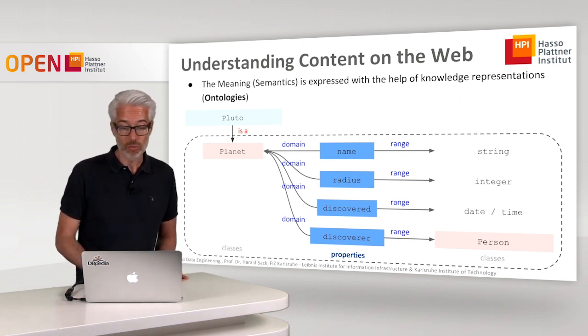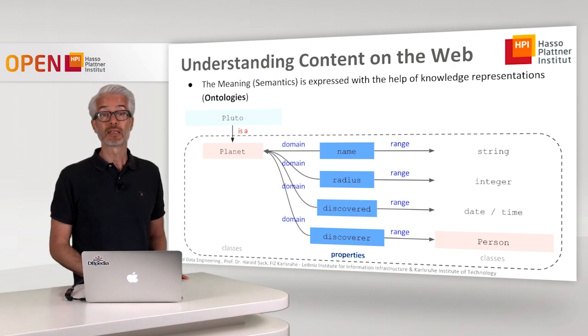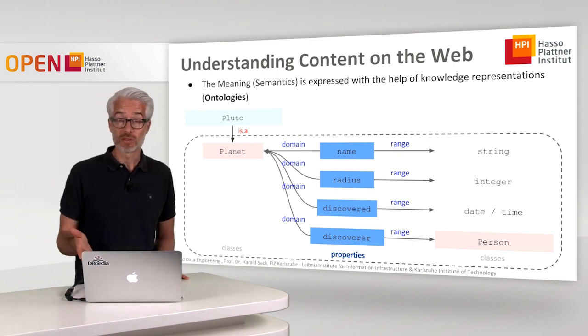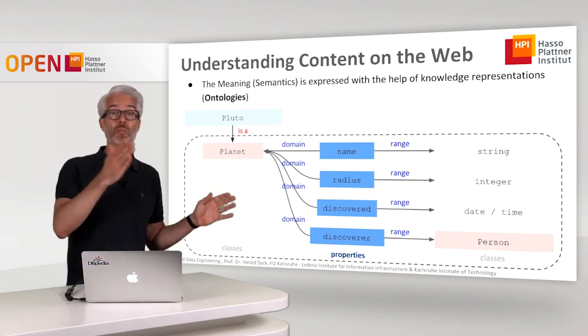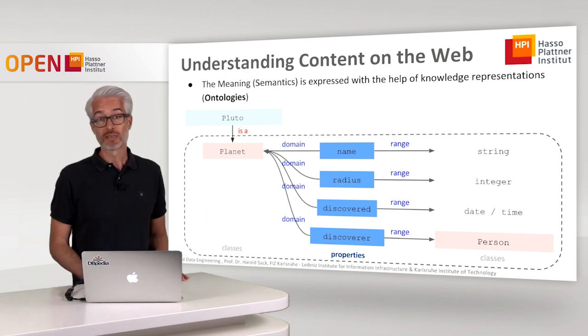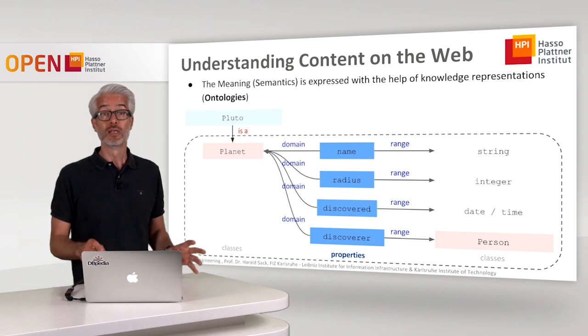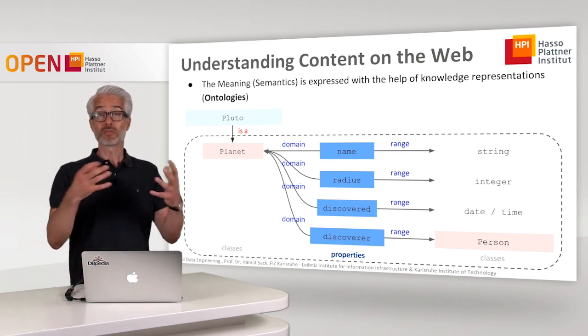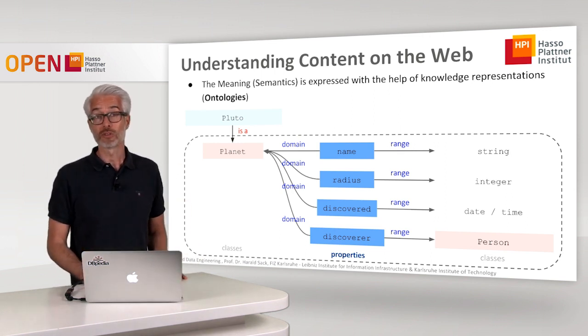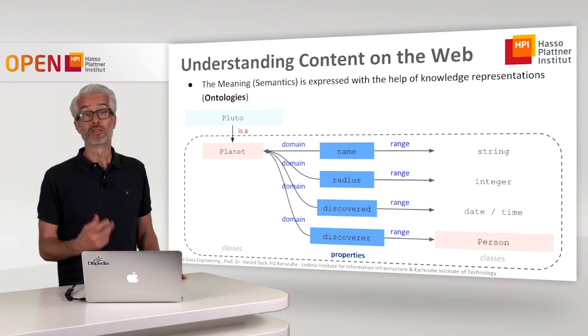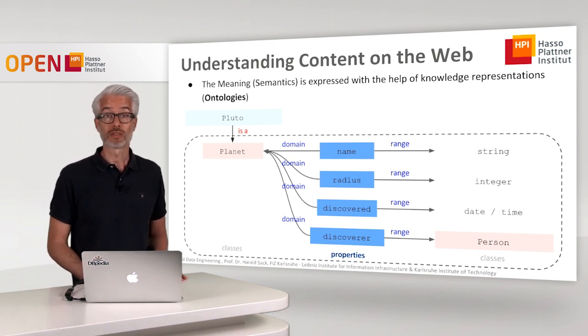So this is the way how you can represent things like that. You simply define properties and you restrict domain and range of these properties to see how this knowledge is connected and what kind of restrictions and constraints are defined. And usually with the help of this network of constraints, of interactions, knowledge is represented, knowledge is expressed.